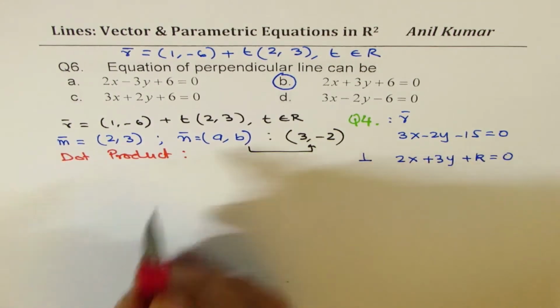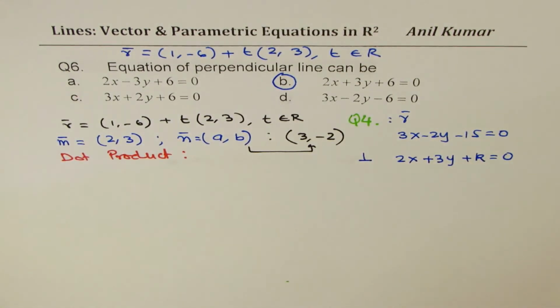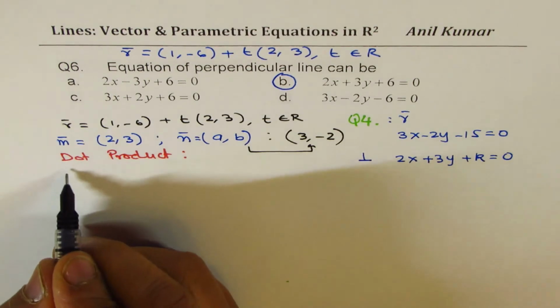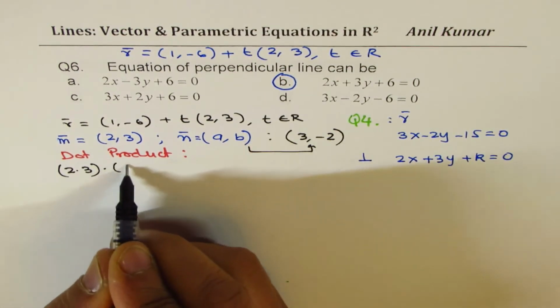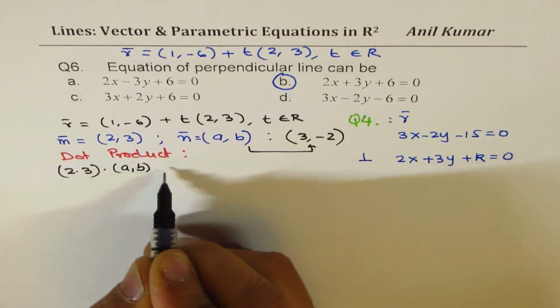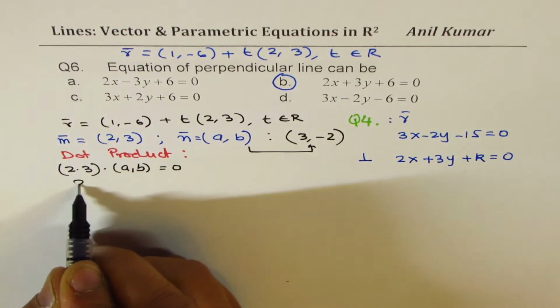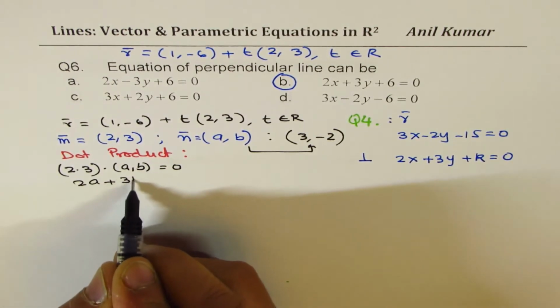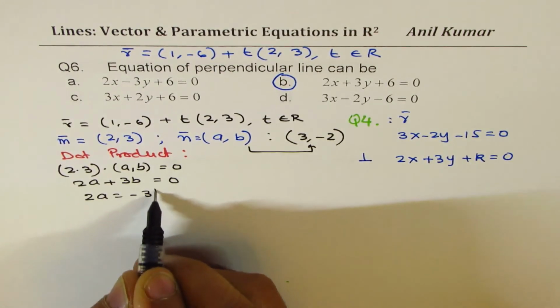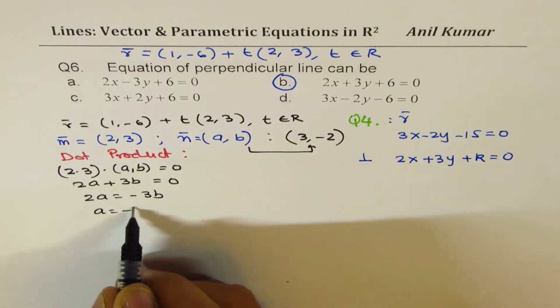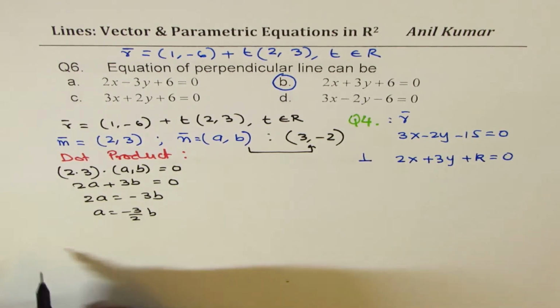So I'm taking this extra time just to teach you a few more methods. So we get the dot product of m with the normal should be equal to 0. That means 2a plus 3b equals 0, 2a equals minus 3b, a equals minus 3 over 2 times b.